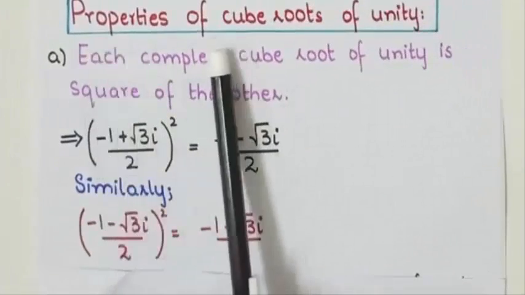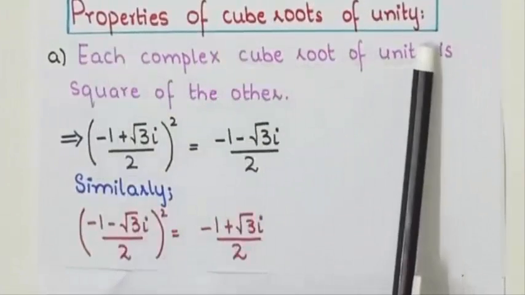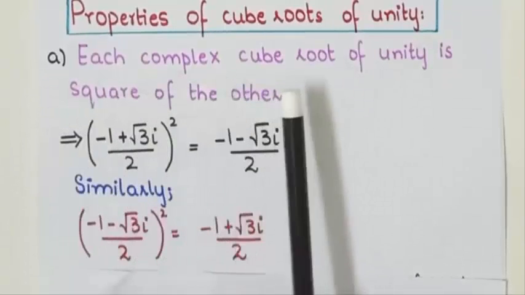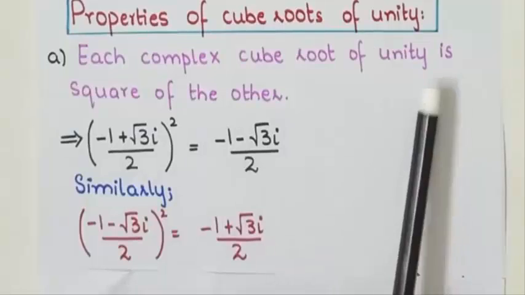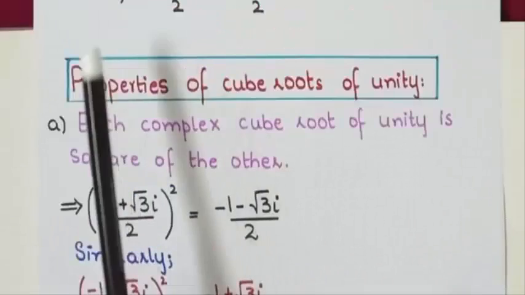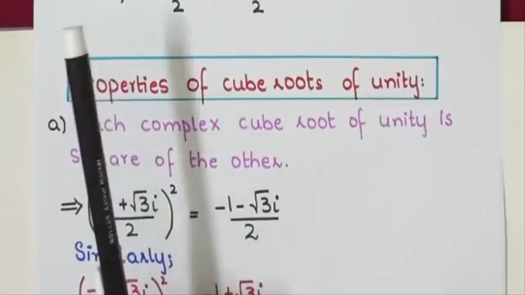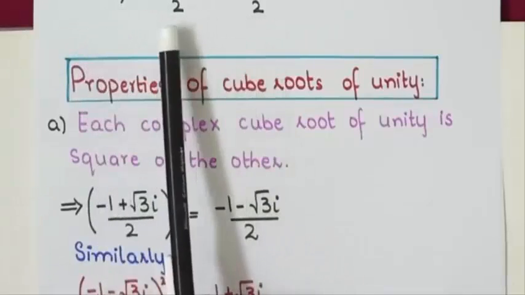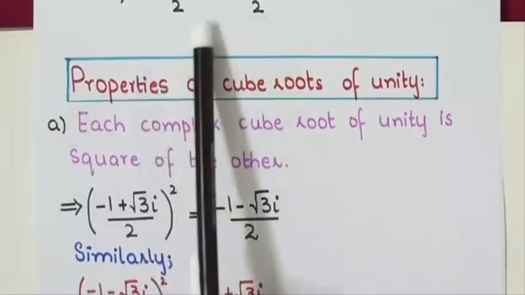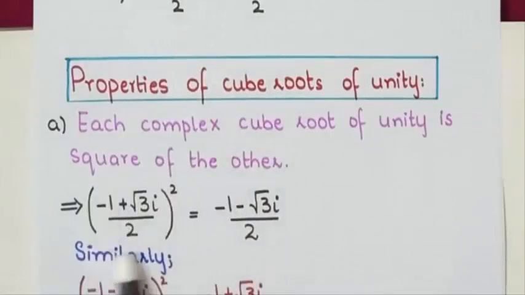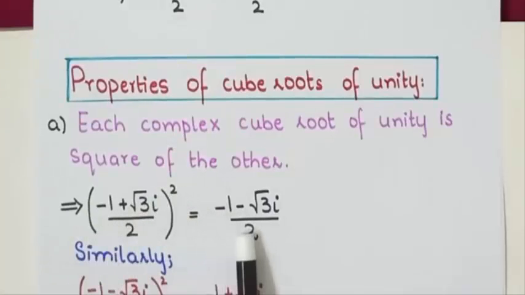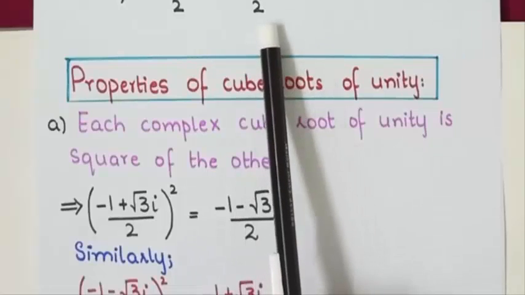So we have the properties of the cube roots of unity, and property number A says each complex cube root of unity is a square of the other. This is the cube root of unity 1 and these two are the complex cube roots of unity. It means if we take the first root and square it, it will be equal to the other root.